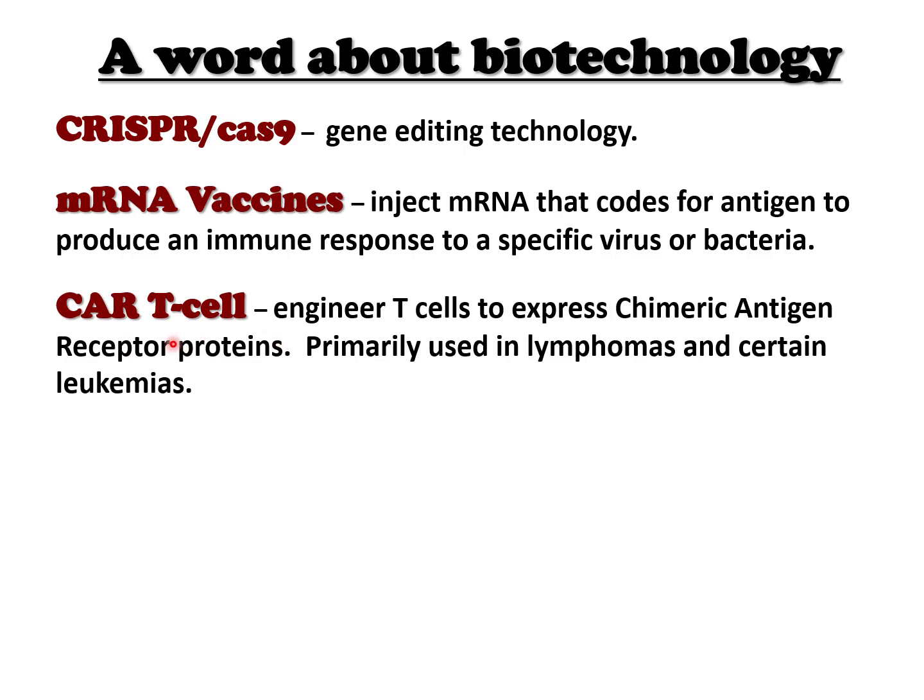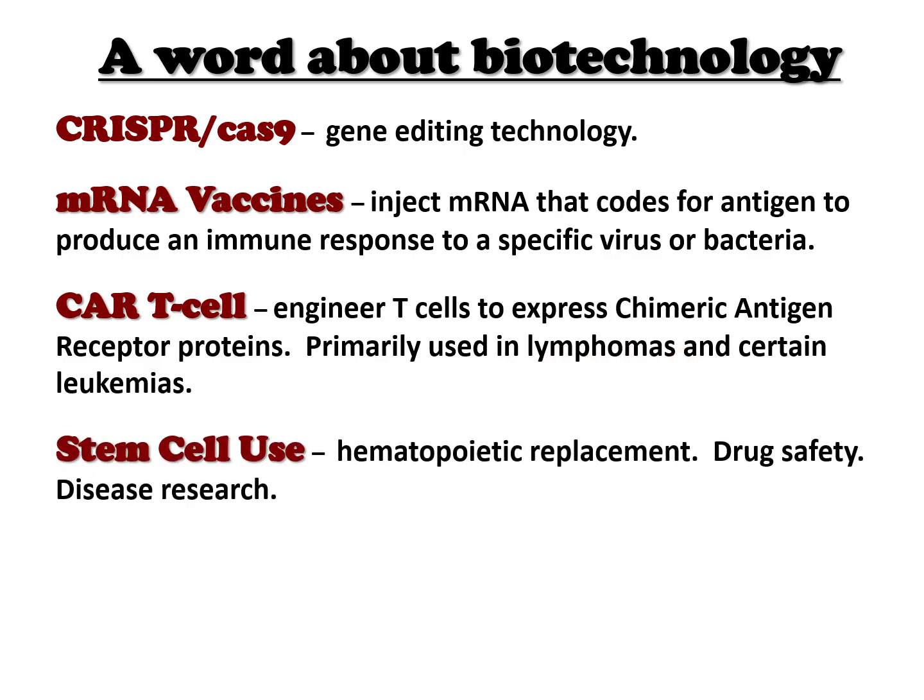CAR T cells are special cells that you can use in certain types of blood cancers. It helps the patient generate antibodies against cancer, blood-borne cancer cells. Stem cell use, we've already talked about with the CRISPR-Cas9.